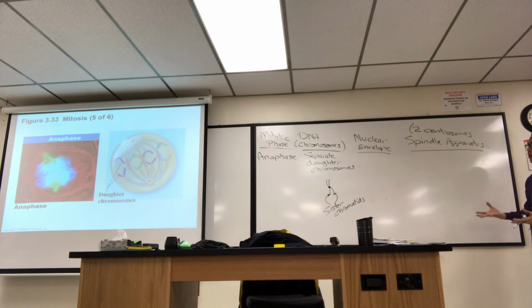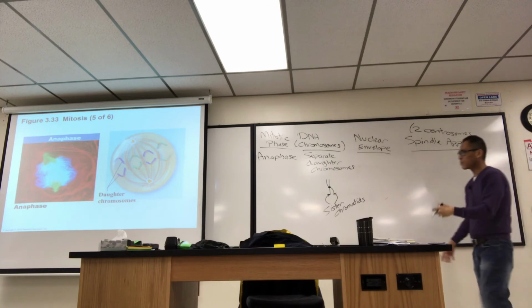And when you pull them apart, I guess they call the sisters daughters. Sometimes I say separate sister chromatids. I don't want you to be confused. You're just pulling the two chromosomes apart, regardless if they call it a daughter or sister. Okay? The terminology doesn't matter. It matters you understand what's happening.